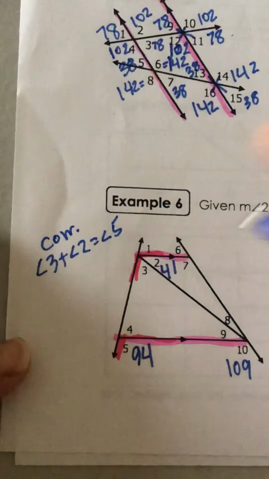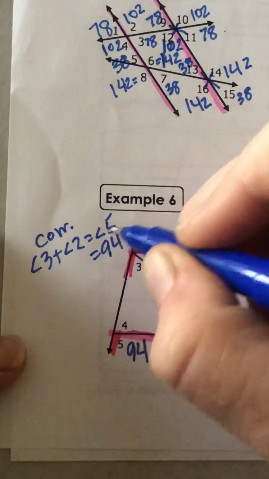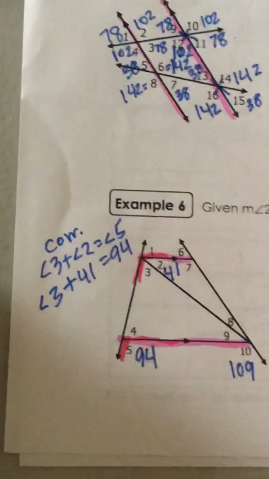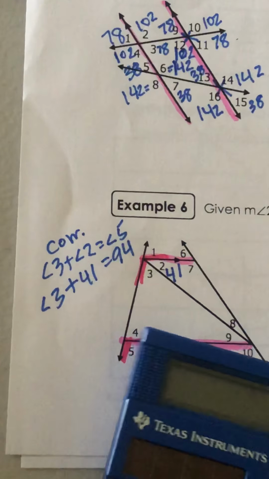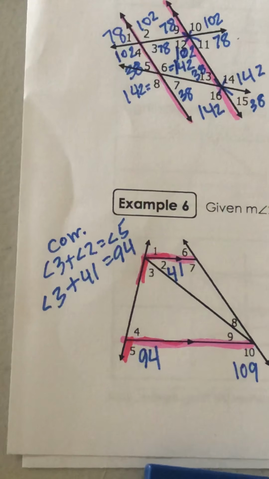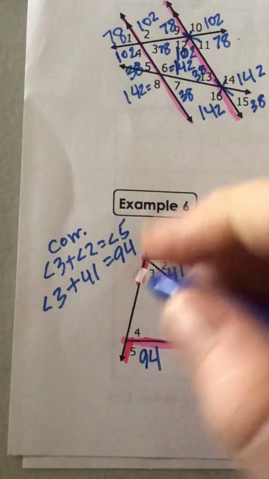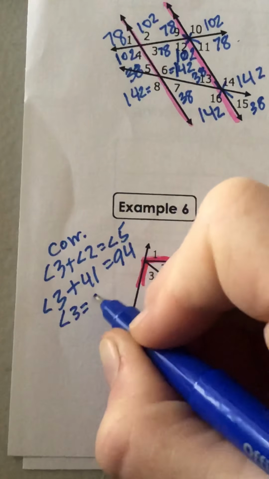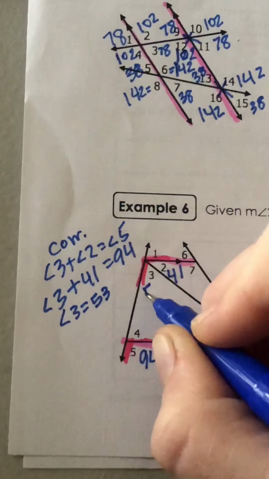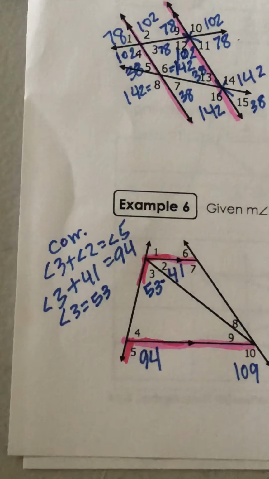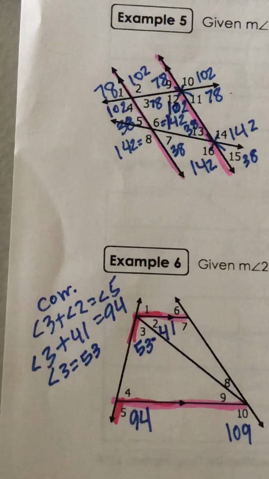So if angle 5 is 94 and angle 2 is 41, what's angle 3? We're going to subtract them. So 94 minus 41 is 53. Okay, so angle 3 has to be 53 degrees. And then from there, that'll help us figure a lot of stuff out, okay?